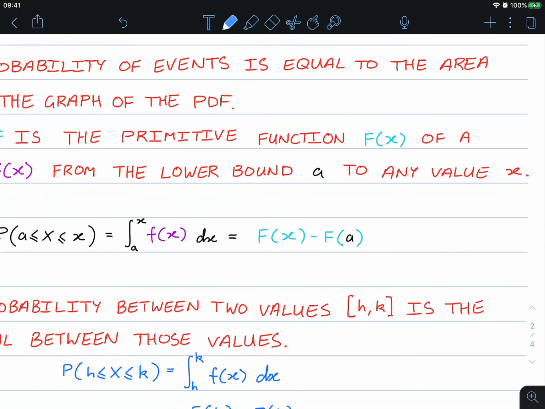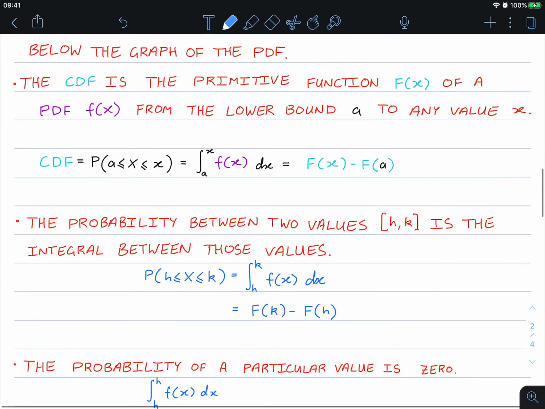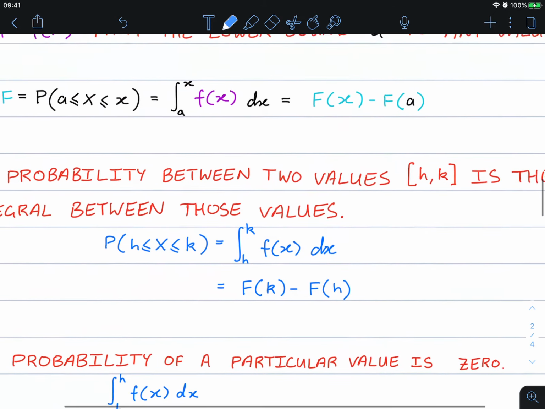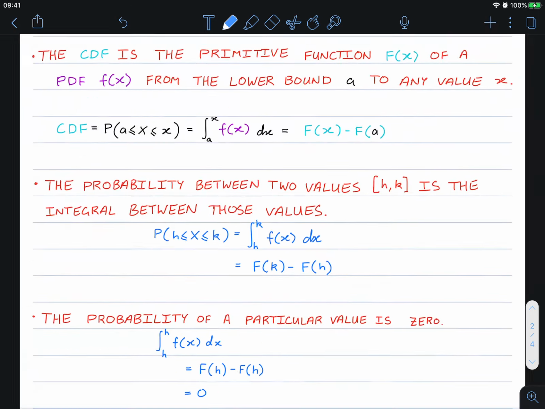Notice how this is actually just the definite integral of a function. The probability between two values, h and k, is the integral between those two values. So the probability from h to k is just the integral of the given PDF between those two values.